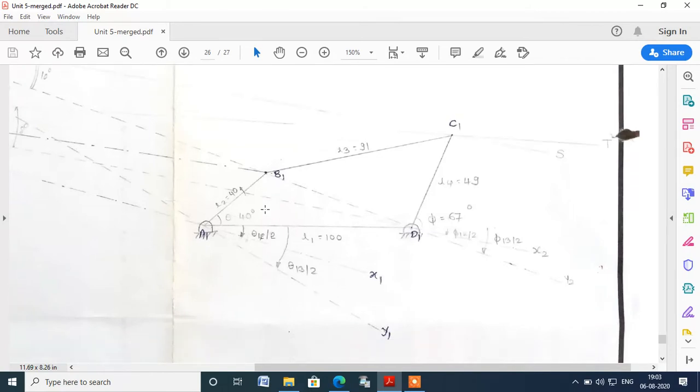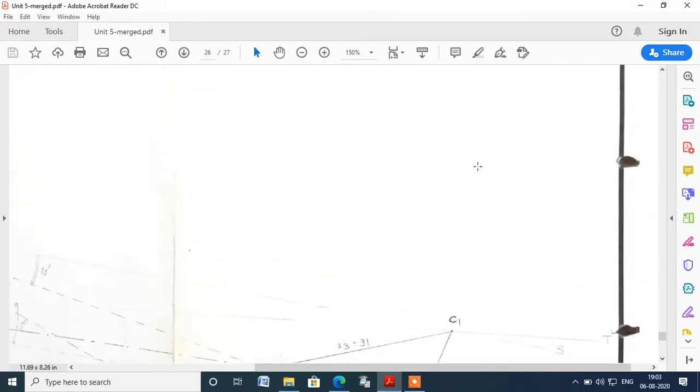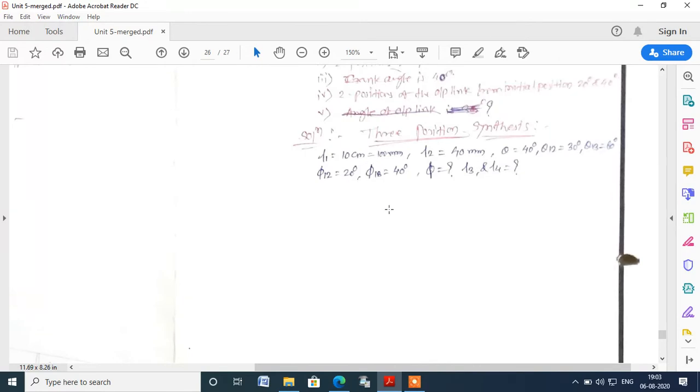Now carefully observe. With your scale and pencil, first draw the fixed link having length L1, that is A1 D1. L1 is given as 10 centimeter, so L1 is 100 mm.